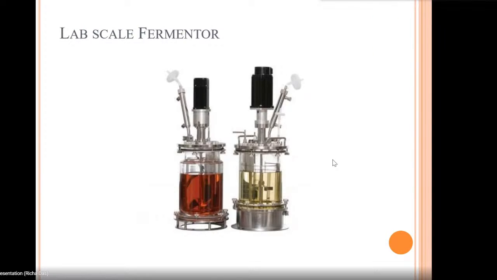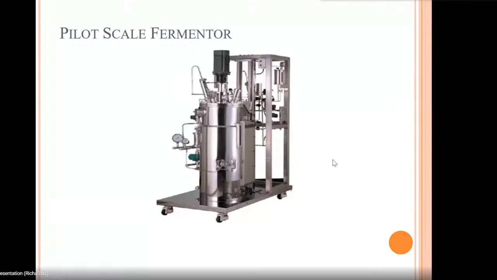Okay, now we will see some different types of fermenter. This is a lab scale fermenter, which I think we all might have seen in our universities. Lab scale fermenters are actually made of glass only because they are very small. We can carry them from one lab to another. Then we have the pilot scale fermenter, which is bigger than the lab scale fermenter but smaller than your main production fermenter, and they are mostly made of stainless steel.